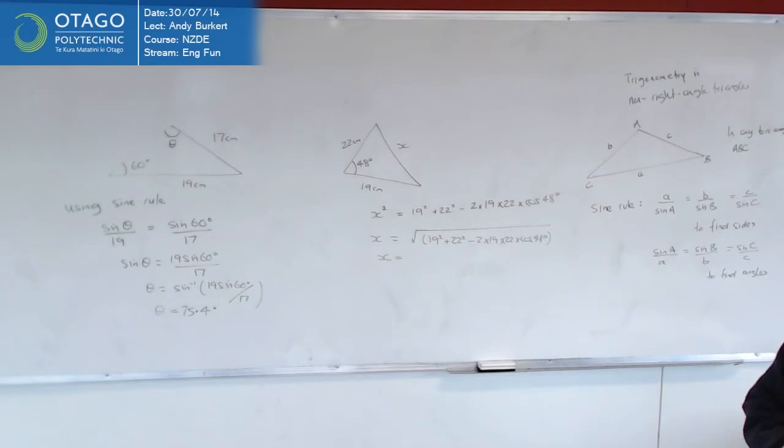So on your calculator, bring up the square root, open brackets, 19 squared plus 22 squared minus 2 times 19 times 22 times cosine 48, and then close brackets if you've got a new calculator.